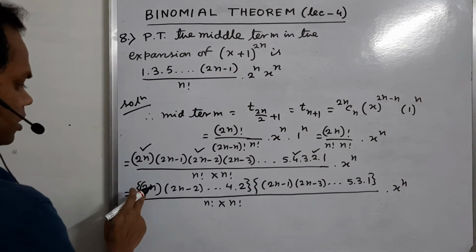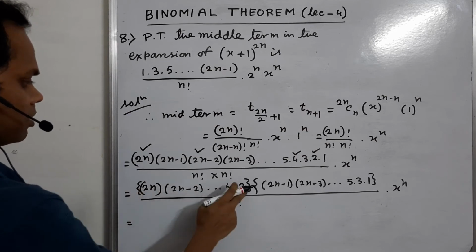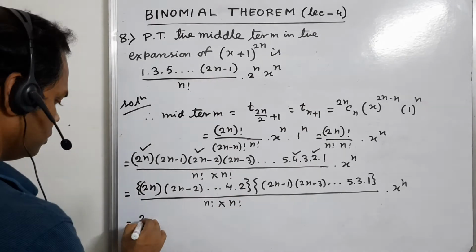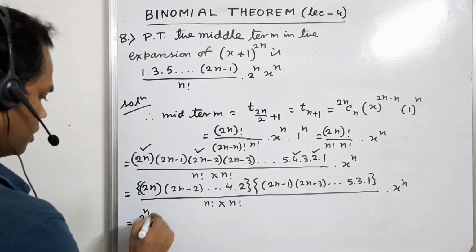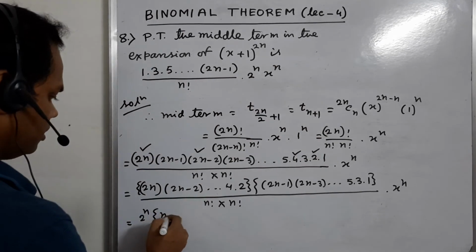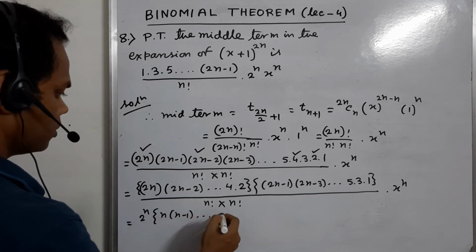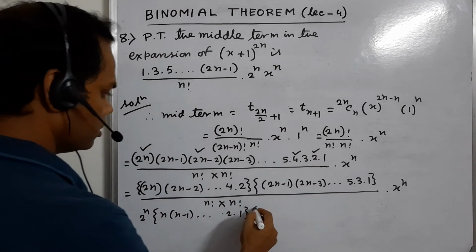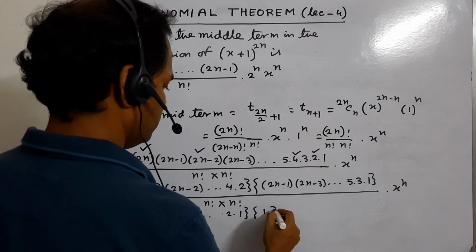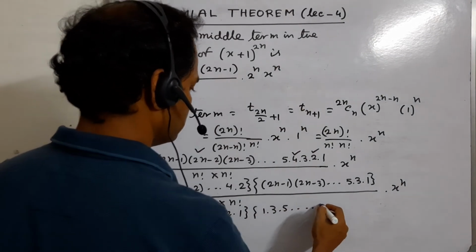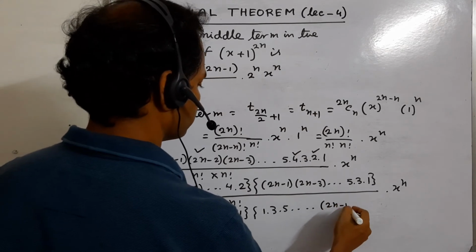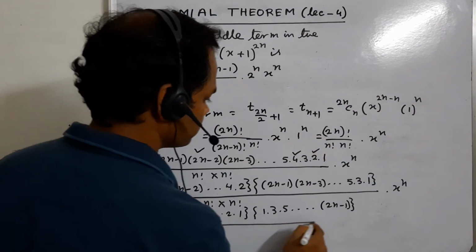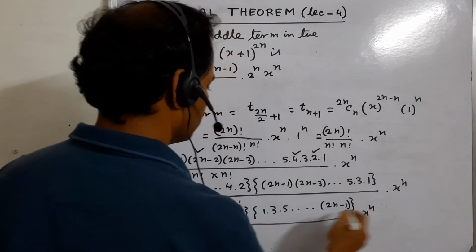So if there are n terms, n number of 2 is common from here, so 2 to the power n, within bracket n, n minus 1, and so on, 2 into 1, into 1 3 5 up to 2n minus 1, and in the denominator part, x to the power n.